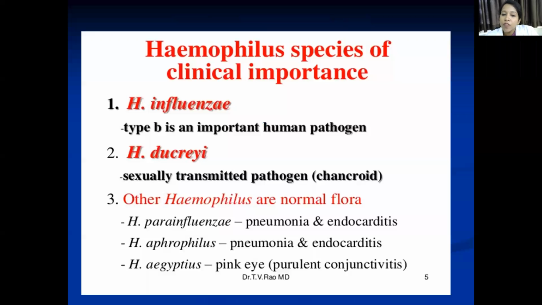Now, some of the species of Haemophilus. There are different species, like Haemophilus influenzae, which is the most important human pathogen and causes the most important human diseases, especially type B. Then Haemophilus ducreyi, Haemophilus parainfluenzae, Haemophilus erythrophilus, Haemophilus aegyptius.